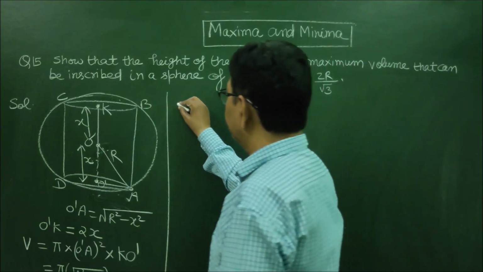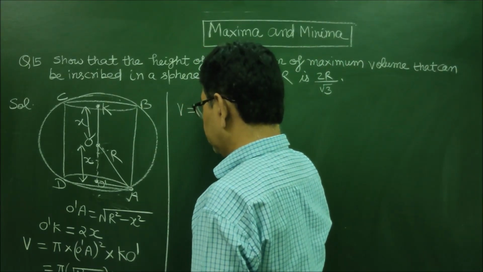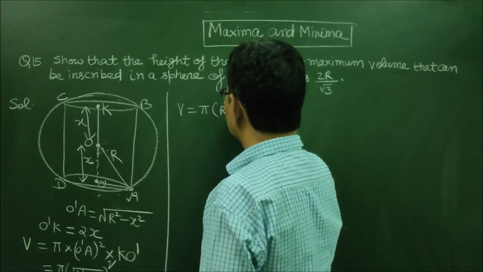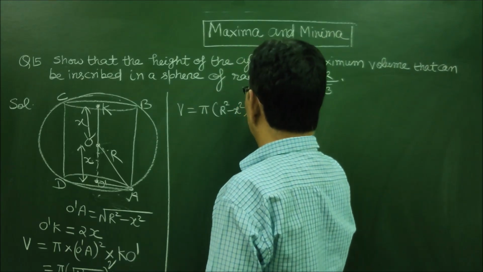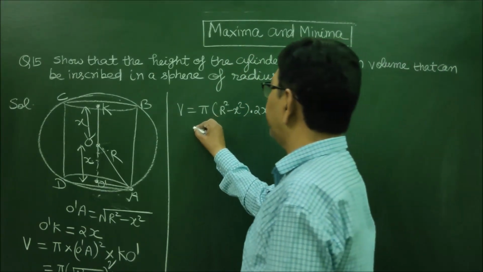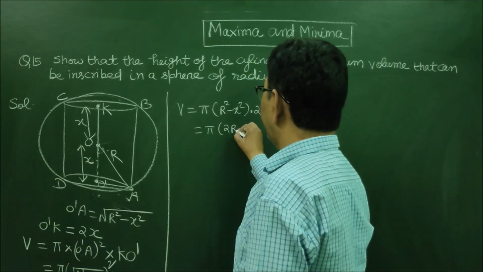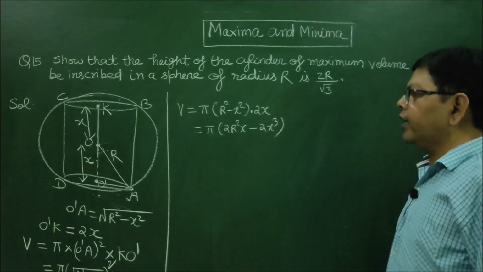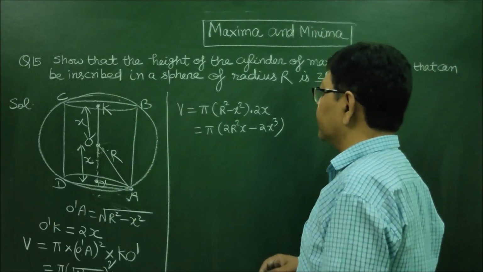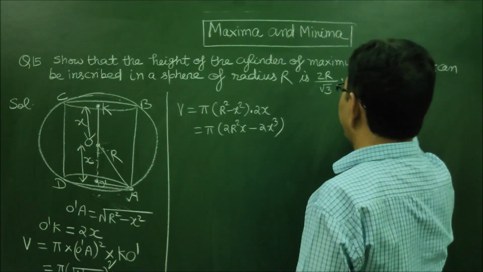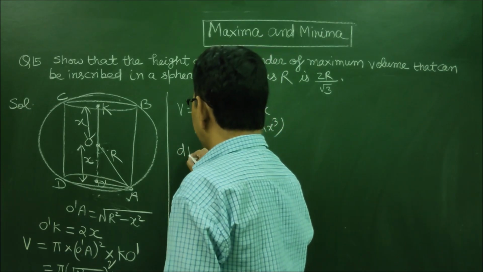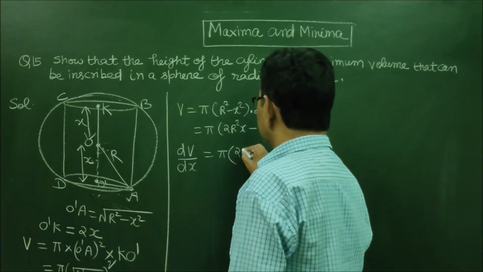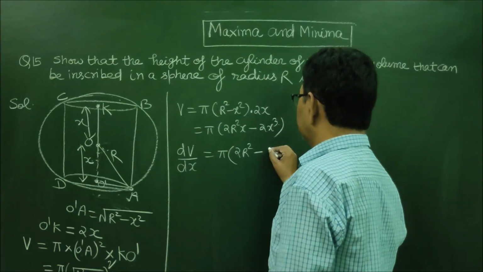Now the volume V is equal to pi into (r square minus x square) into 2x. On multiplying, we get pi into (2r square x minus 2x cube). Now let us find the derivative dV over dx, because volume is to be maximum, so differentiating this function with respect to x, dV upon dx is equal to pi into (2r square minus 3 into 2, 6x square).